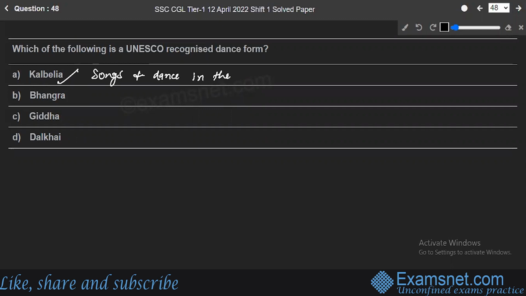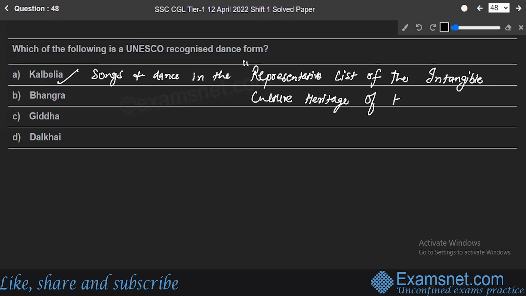in the representative list of the intangible culture heritage of humanity in 2010.